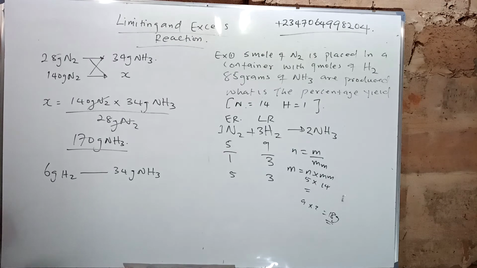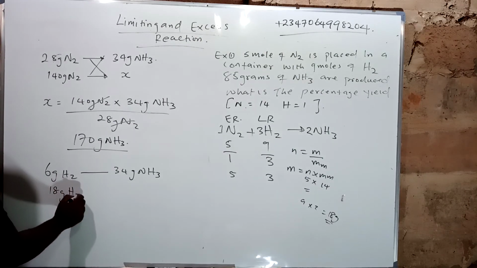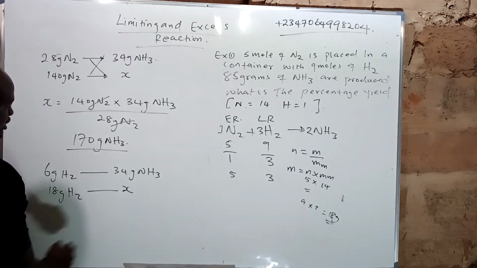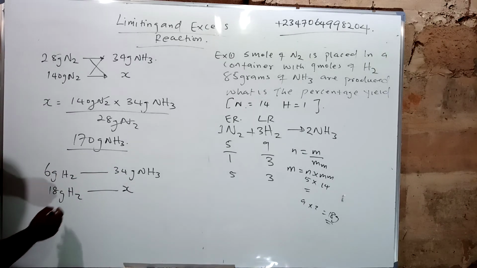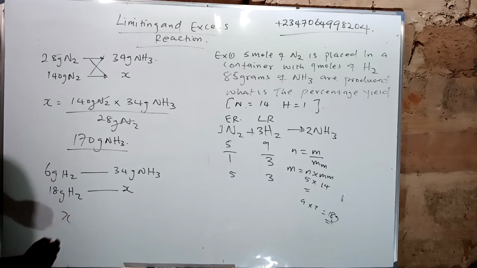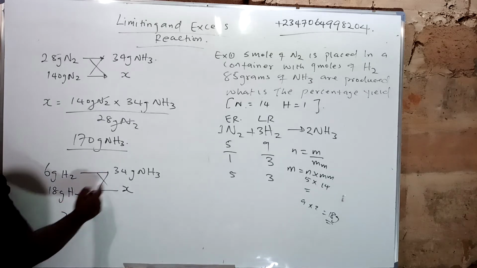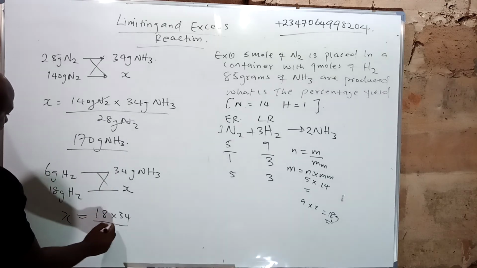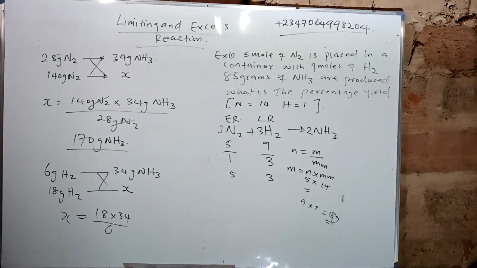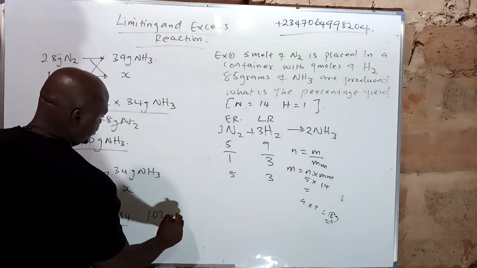Now, if you come to this place, 18 grams of H2 to give you what? x of ammonia. And so from this place, x is equal to, by cross multiplying, 18 times 34 divided by 6. And that will give you 102 grams of ammonia.